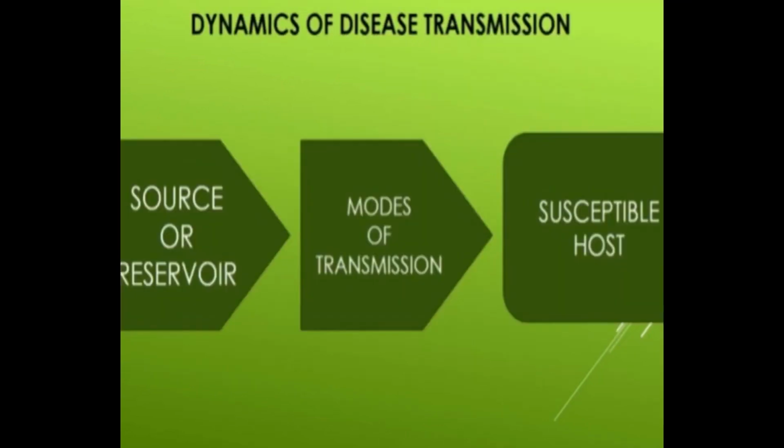Now we come to the basic dynamics of disease transmission. So how does it enter? Basically, it requires a source. It can be water, air, or food, and then comes the mode. It comes to you by air, by touch, by skin, or by smell, or any other ways, and then you are susceptible to the disease.